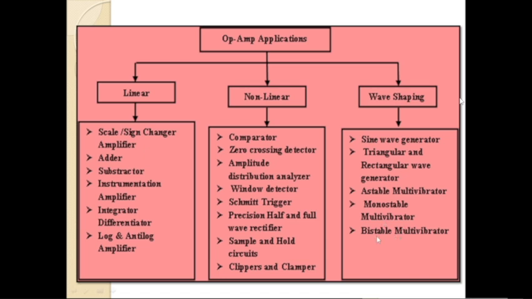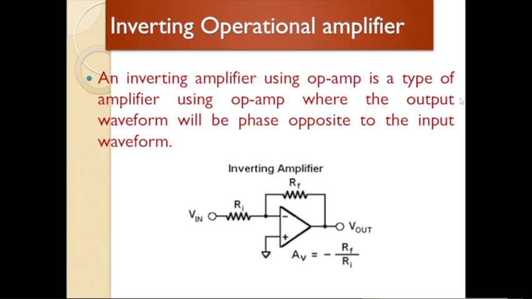Some of the applications of operational amplifiers we have here. The first is the inverting operational amplifier. As we know, there are two inputs, inverting and non-inverting terminal. The inverting amplifier using an op-amp is a type of amplifier where the output waveform will be phase opposite to the input waveform.